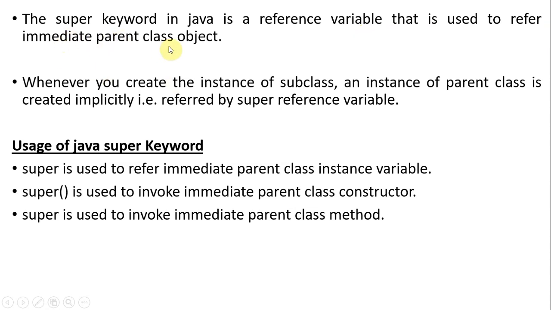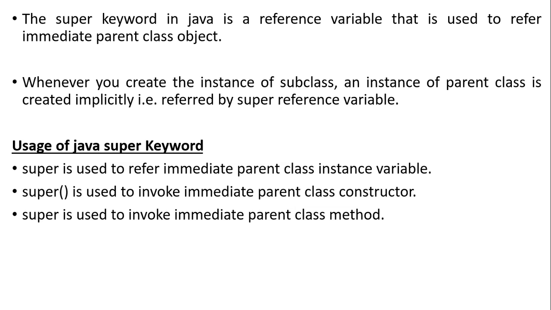Maybe for one class, more than one parent is possible, but to refer to the immediate parent class object, we have the super keyword. Whenever you create an instance of a subclass, in inheritance, as usual, we have sub and super classes. Whenever you create an object for the subclass, an instance of the parent class is created implicitly, meaning the system generates it.